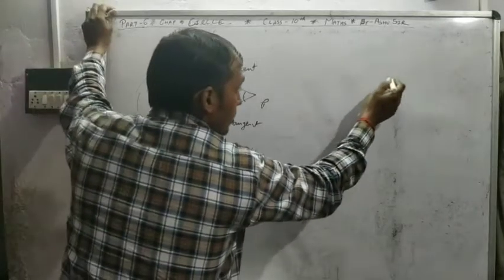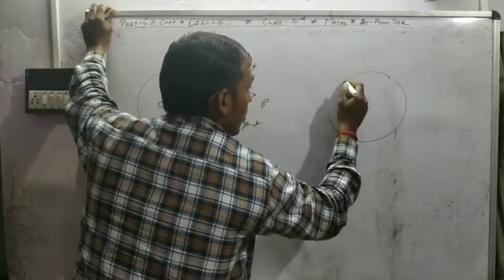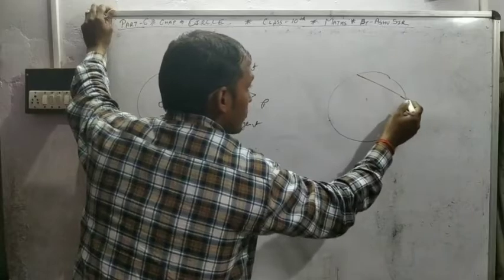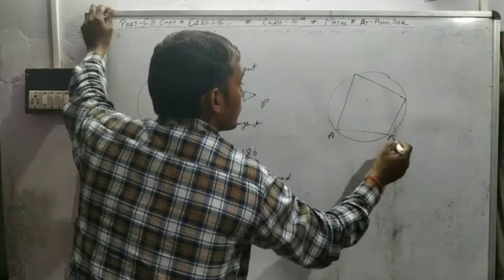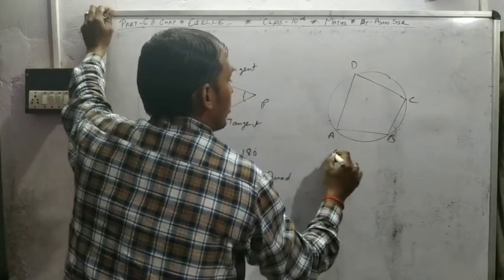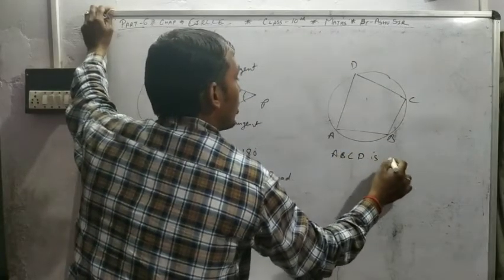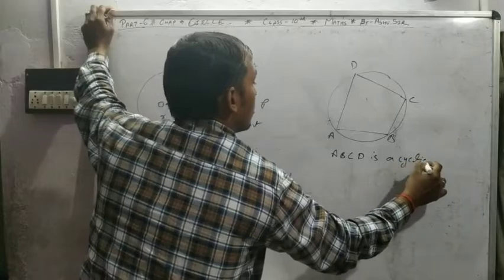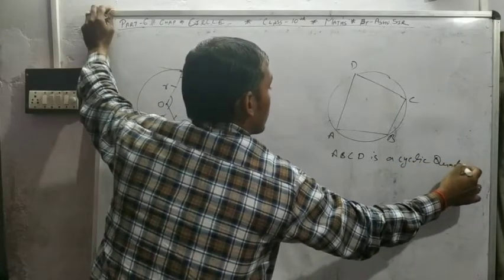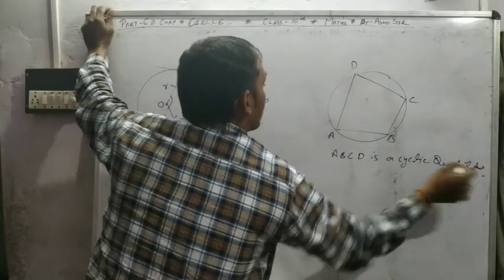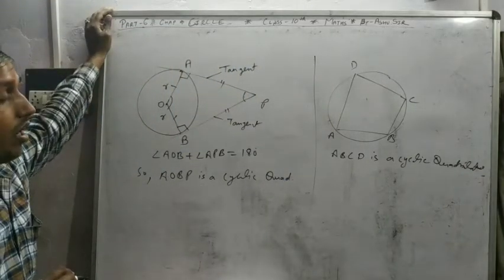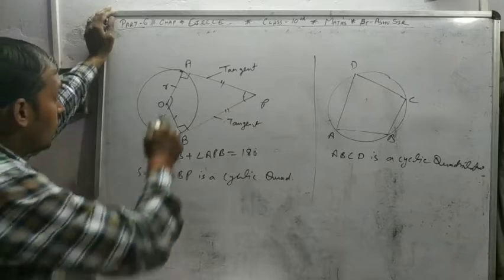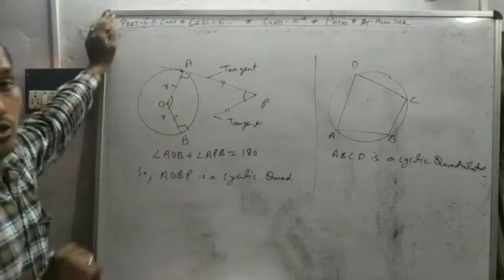Because cyclic quadrilateral means ABCD is a cyclic quadrilateral. Yes, but I am not saying that only 4 points lying on a circle make a cyclic quadrilateral.